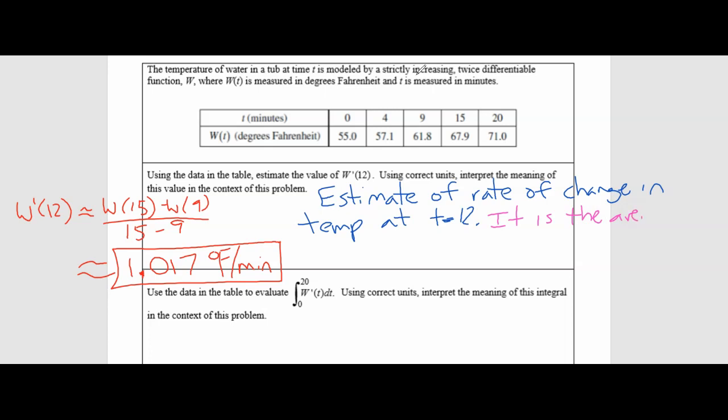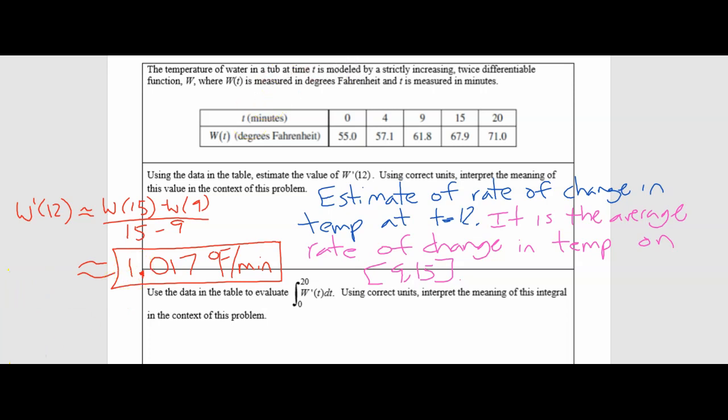It is the average rate of change in temperature on the interval 9 to 15. So it's an estimate for the rate of change at t equals 12, but what we know for sure is that it's the average rate of change in temperature on the interval 9 to 15.